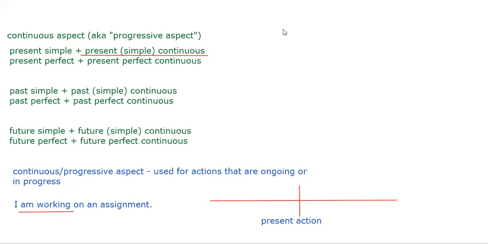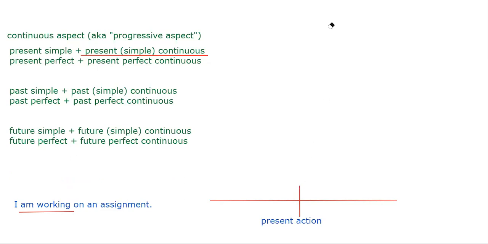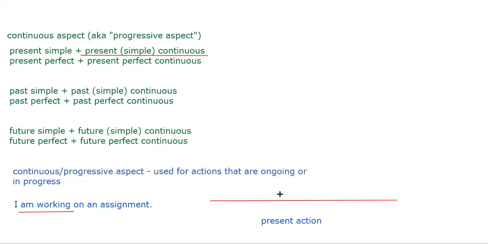But here's what the continuous aspect does. Here's a picture showing the difference. This box here is like the duration of the action, how long the action takes.